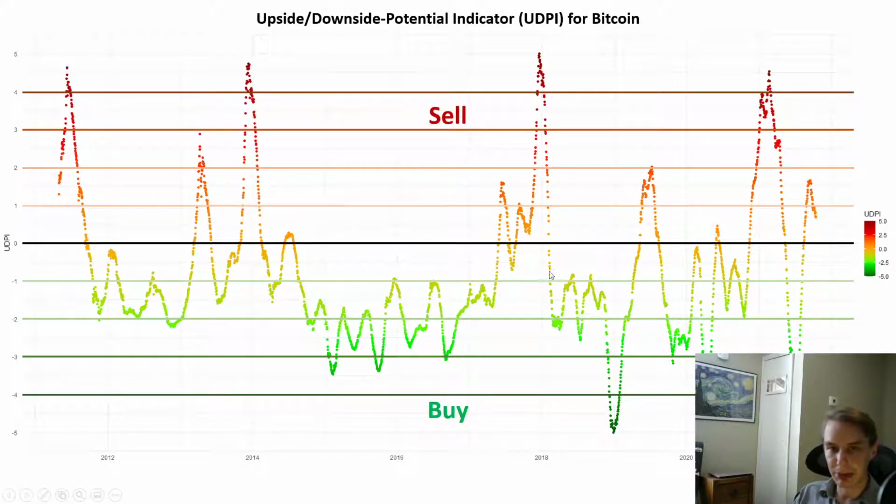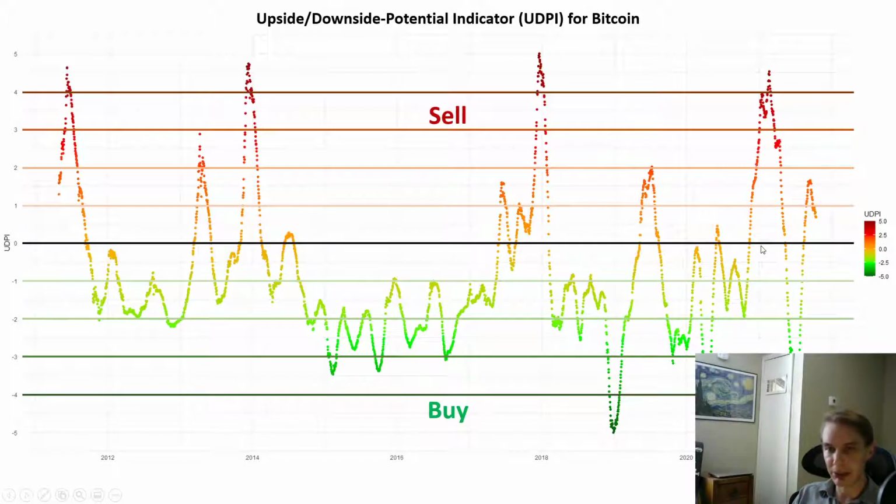And one could use a similar approach for selling. Once the UDPI is above 0, maybe you take a little bit of profits. Once we pass above 1, take some more profits, average out some more profits once we get between 2 and 3, average out even more profits once we get between 3 and 4, and then maybe really heavily sell once you get above that 4 range.